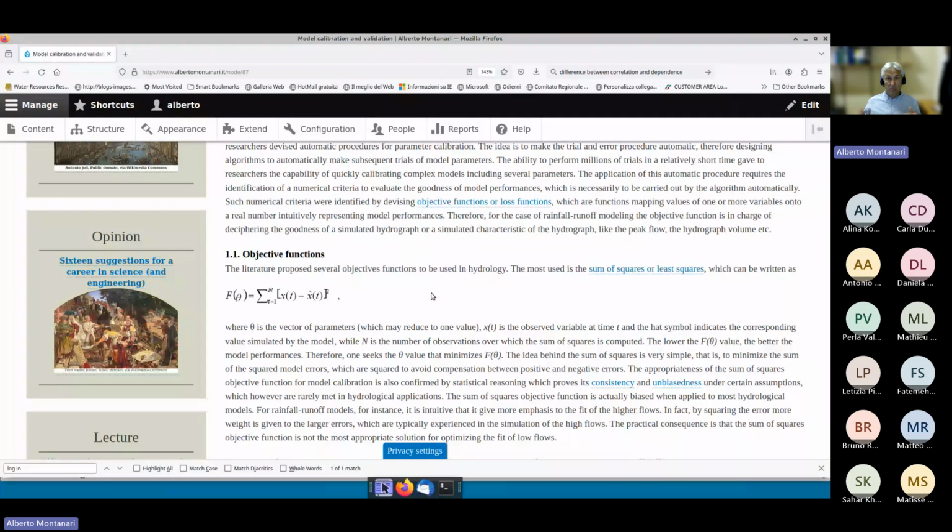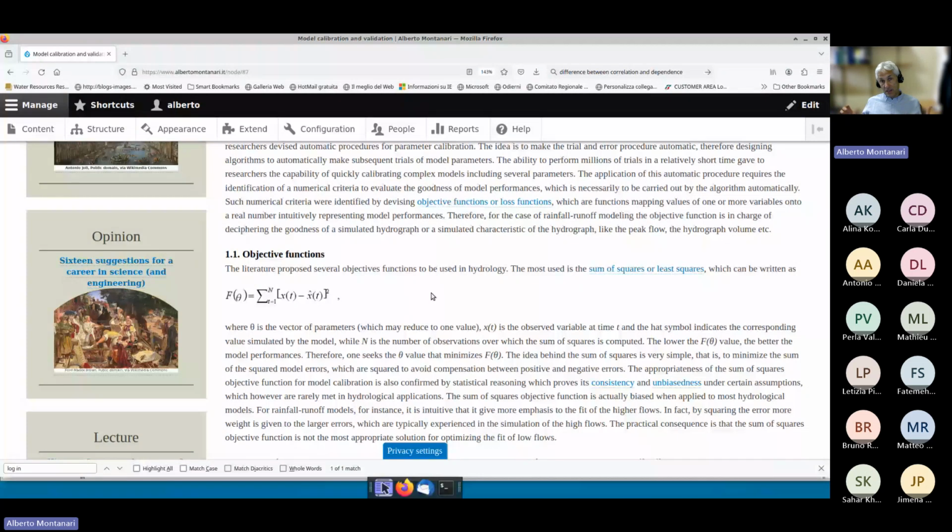Some parameter sets are better for reproducing, for instance, the low values of the system variables we are trying to simulate. Other objective functions are more efficient in reproducing the high values. So we said the least squares, given that it squares the error, puts focus on the high values. So if we are interested in floods, in our specific case, the least square objective function is a good choice.